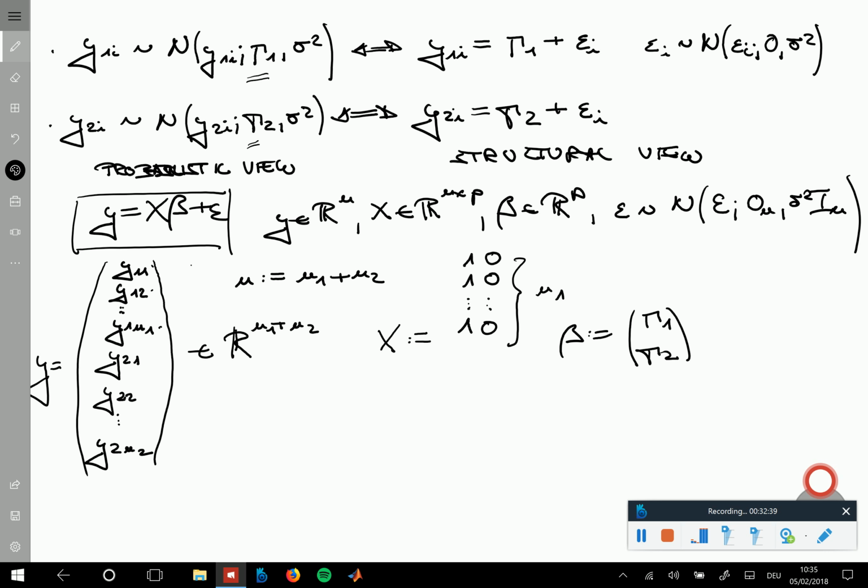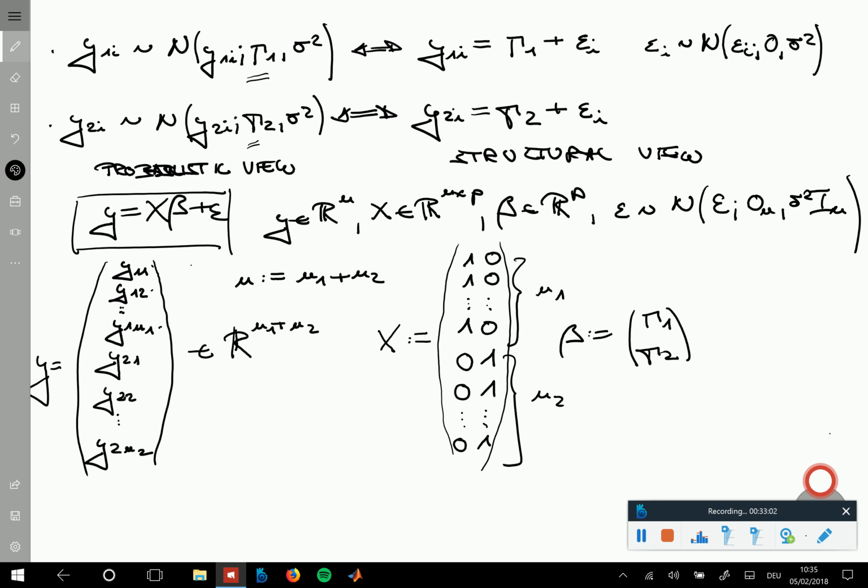And of course for the second group you want mu2 as expectation, and then it makes sense to use this as a design. So that's now the design matrix.